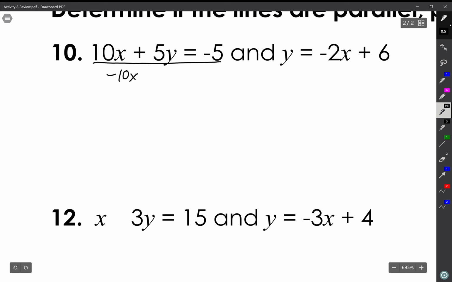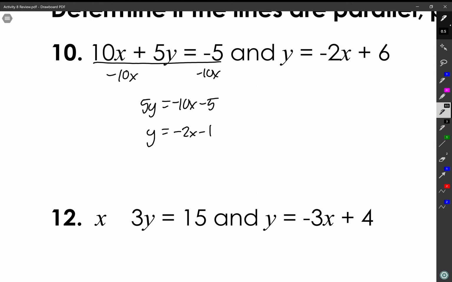All we have to do is solve for y. So I'm going to subtract 10x from both sides. This leaves me with 5y = -10x - 5. Then y is still not by itself. I want y = mx + b. So I divide both sides by 5 to get y = -2x - 1.